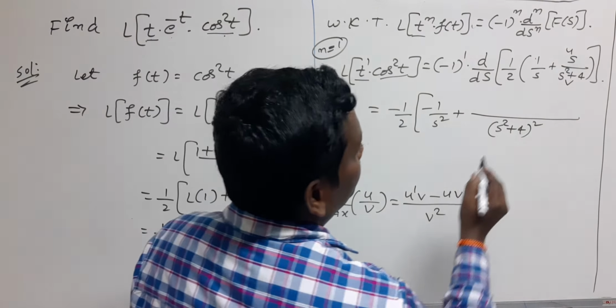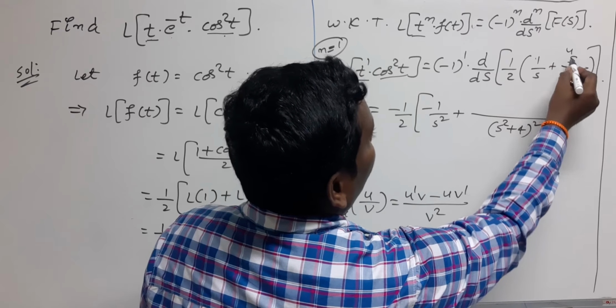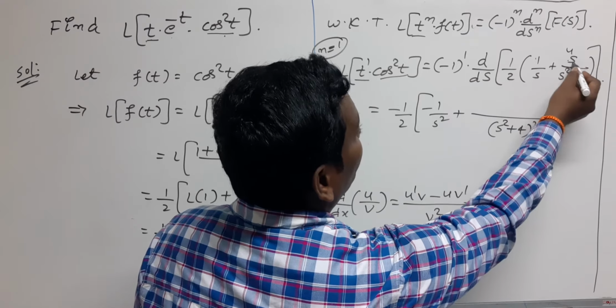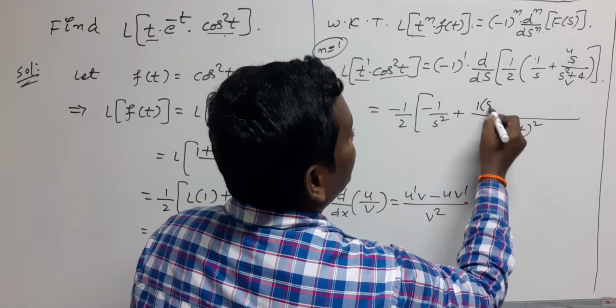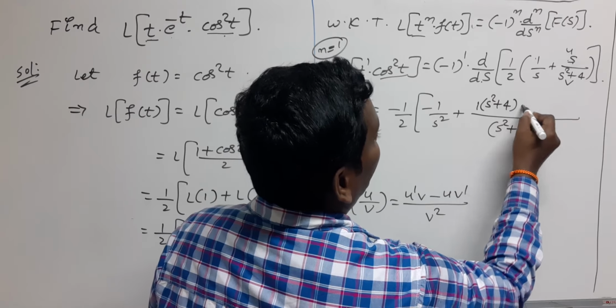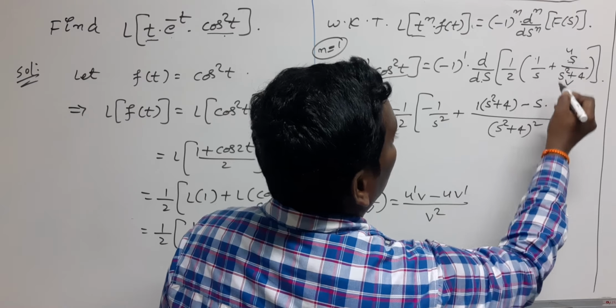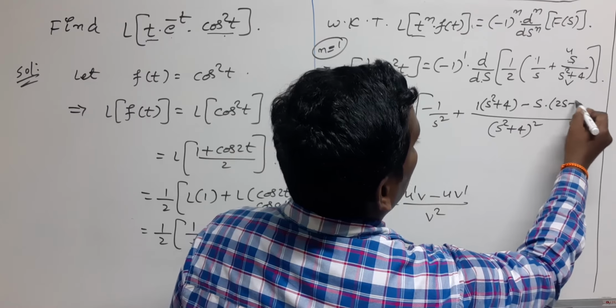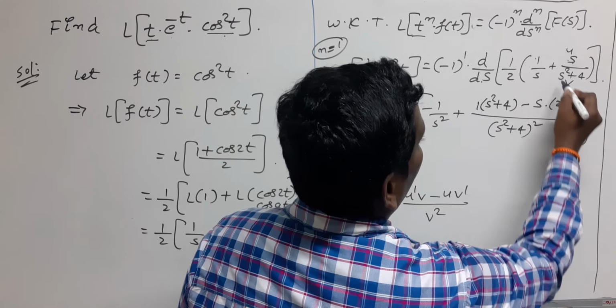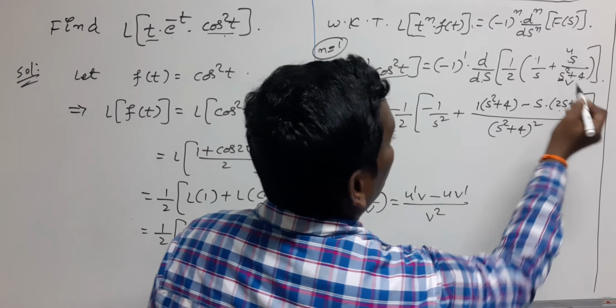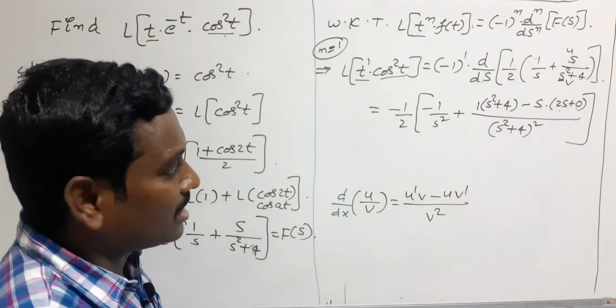Okay. Derivative of u, which is s, derivative of s with respect to s is 1 into v minus s into similar term. Now, derivative of the denominator is 2s plus 0. Derivative of s square is 2s, derivative of 4 is 0, which is a constant term.